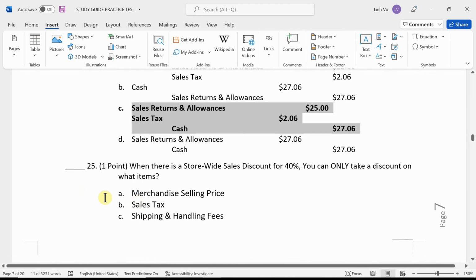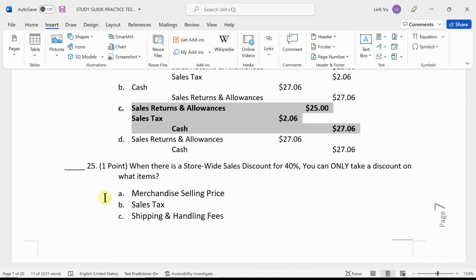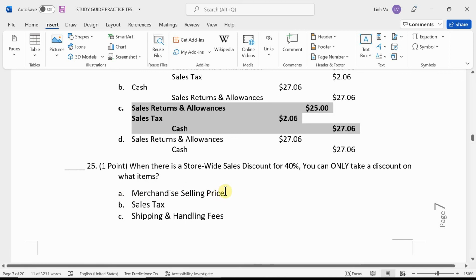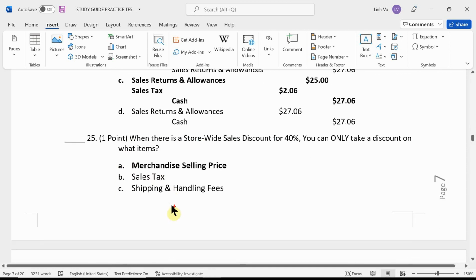Number 25. When there is a store-wide sale discount of 40% off, you can only take a discount on what item? A, merchandise selling price only. You can't discount sales tax. No, no, no. You can't cheat the government.